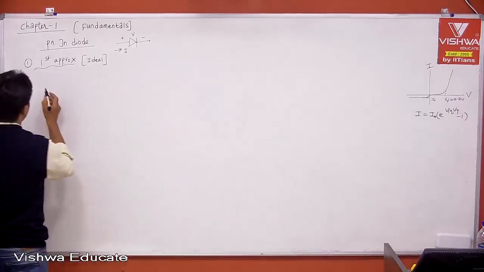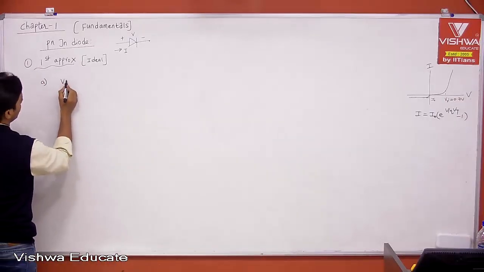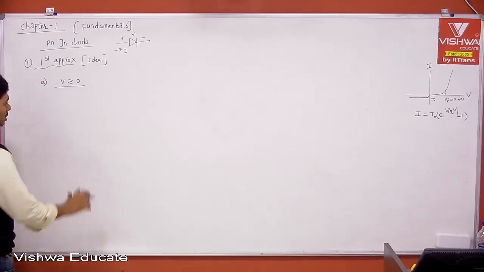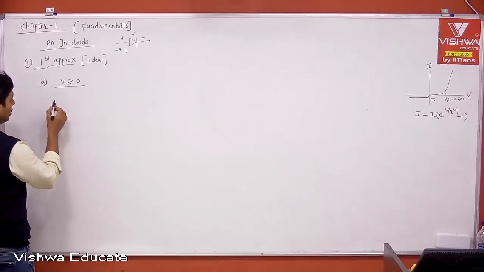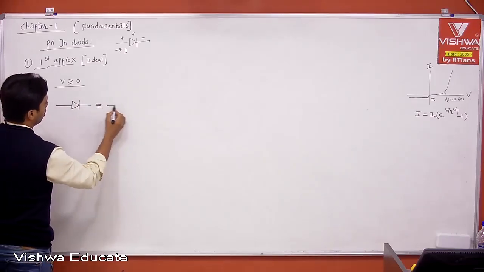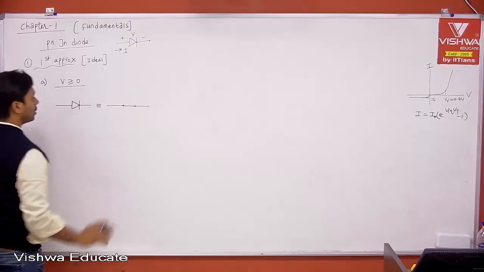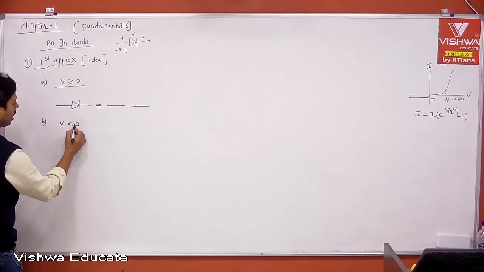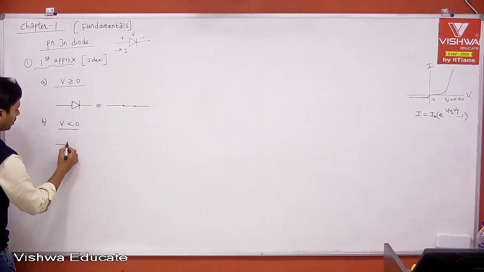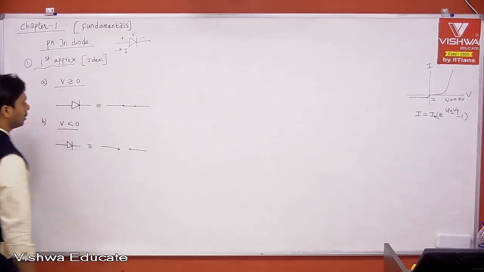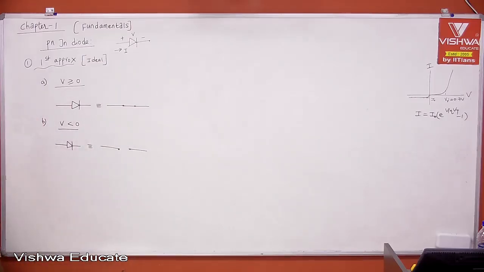Therefore, case A, when voltage is greater than or equal to 0, you can take the PN junction diode as on switch. Now case B, when V is less than 0, then you can take your PN junction diode as off switch.